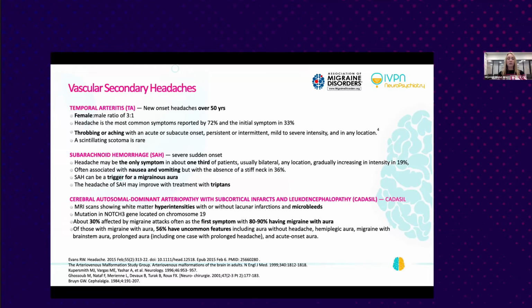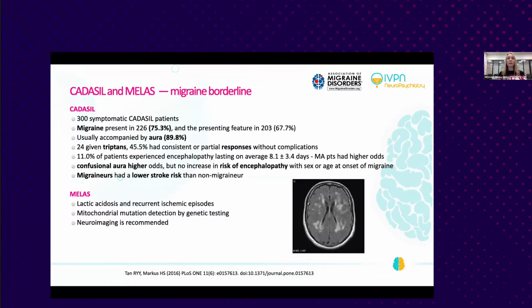And then we have some encephalopathies that are of genetic origin, such as CADASIL, with white matter hyperintensities and microbleeds. You should expect about 30% of all of your patients having a migraine. And actually, as a first presenting symptom, it will happen in about 8 to 9 of your 10 patients.